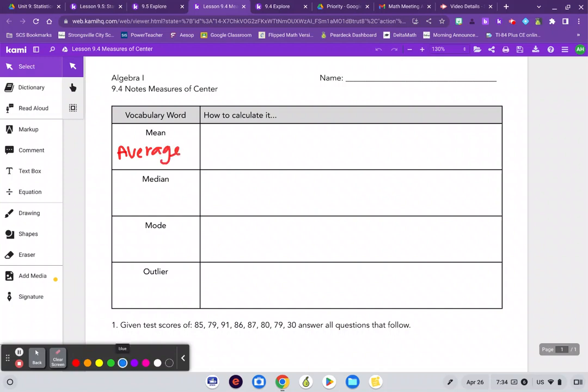And we said that in order to find that average, I have to add up all the numbers in that data set. And then we are going to divide by how many numbers are in that data set.